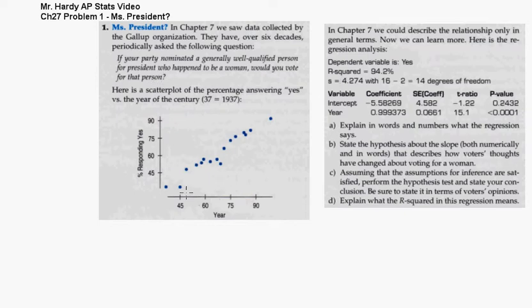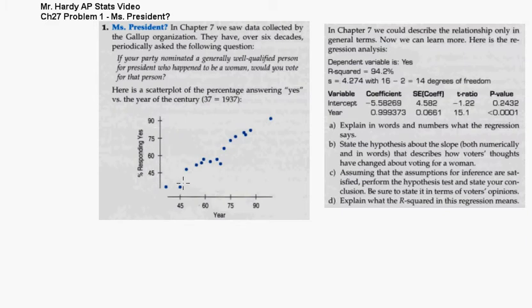And what we're trying to do is see, is there an association, a linear association between the year, or as time moves on, and the likelihood of people saying yes.